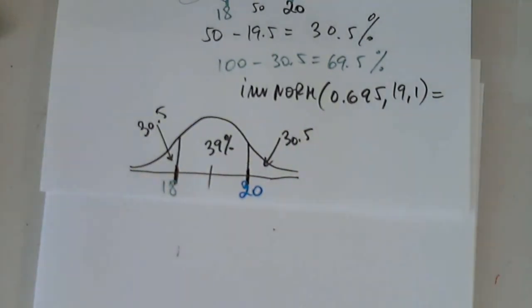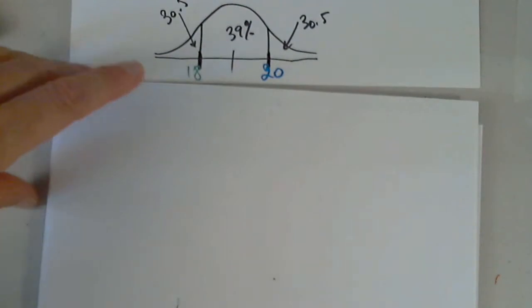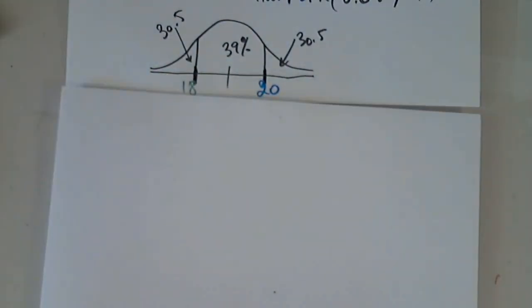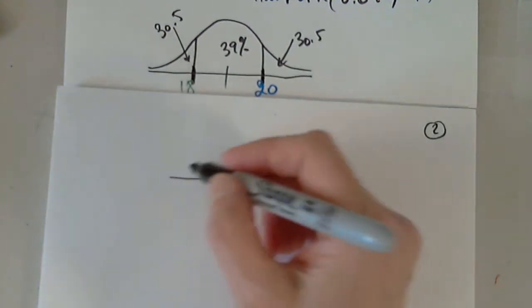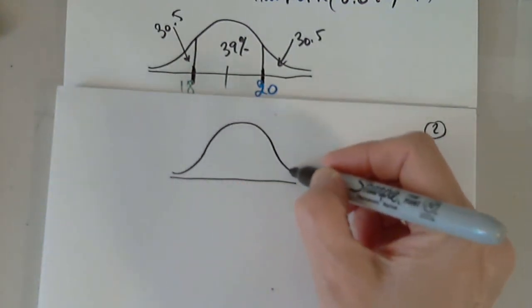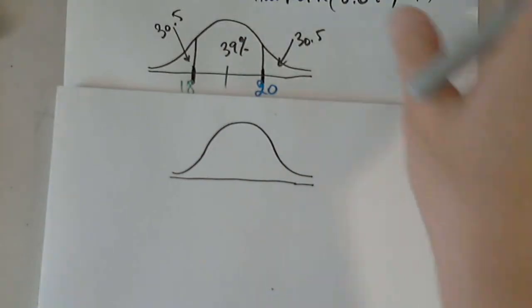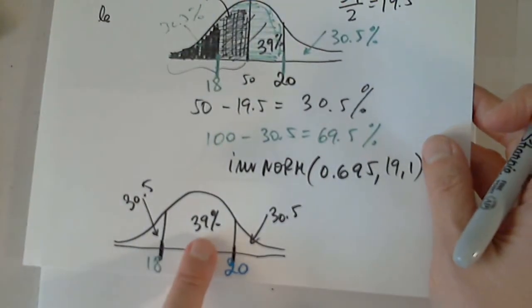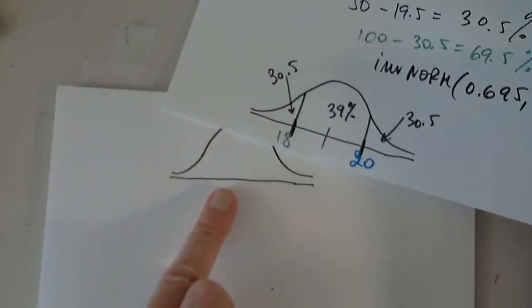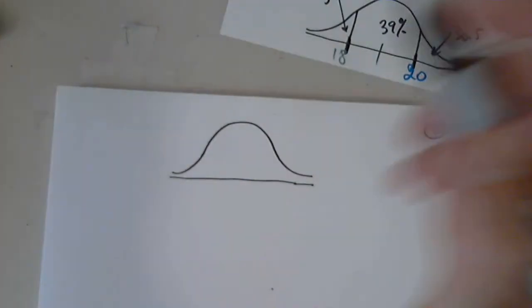So what is your percentage in the middle, 42%? No, 95. The middle 95? Yes. So I have 39 and you have the middle 95? Yes. Okay.